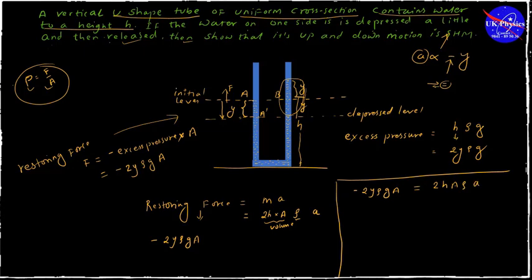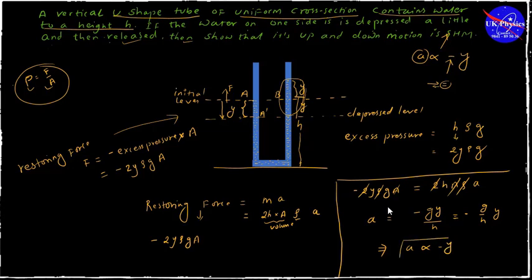The 2 and 2 cancel out, A cancels out, and rho also cancels out, so the acceleration equals minus g y upon h, or simply minus g upon h times y. g is constant and h is constant, so we can simply write a is proportional to minus y.